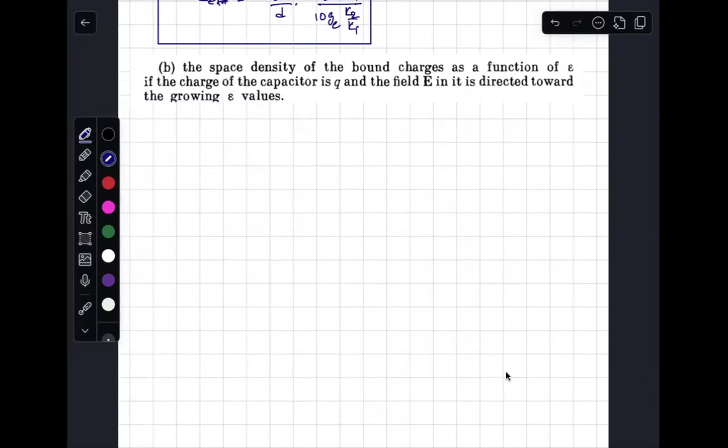If the charge of the capacitor is Q and the field E in the dielectric is directed towards the growing value of E, that is the meaning of the statement.